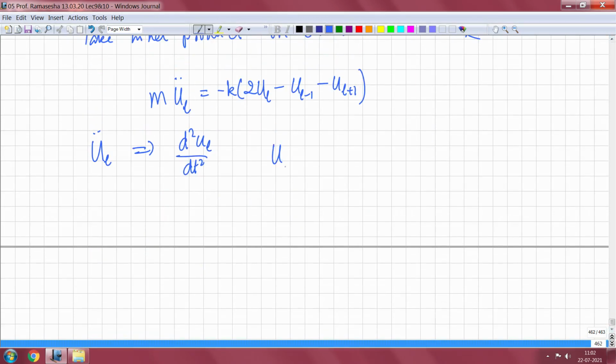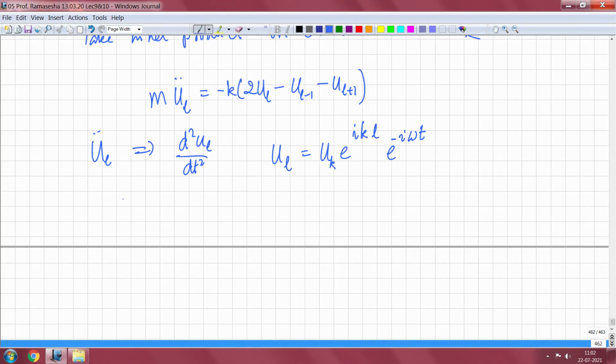I can say u_l is going to be something like u e to the i k l a, I should say k, not q, times e to the minus i omega t. So this can have an index u_k because it is going with the vector k.